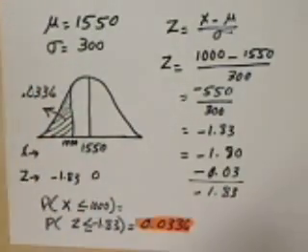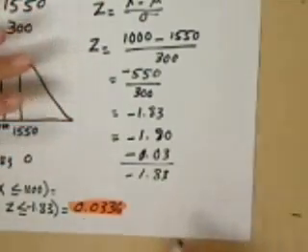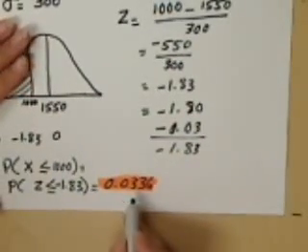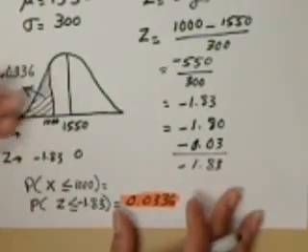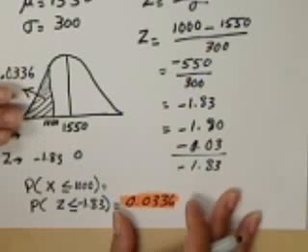Now keep in mind that whether we had asked what is the probability that the number of fatalities was less than 1,000 or less than or equal to 1,000, you would have exactly the same answer, because the normal distribution is a continuous distribution, and the probability for an exact value of x of the random variable equals 0.